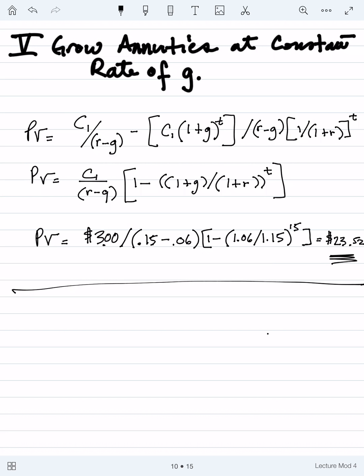Let's see, the next one I want to look at is growing perpetuities, or annuities, we can do both of these, at what we'll call a non-constant rate.